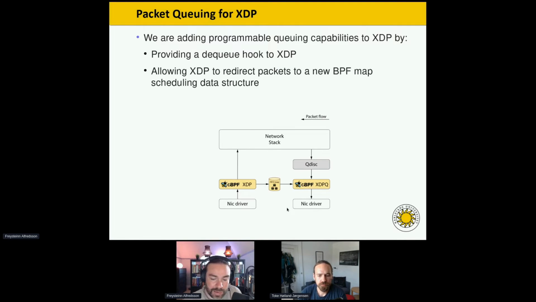And then we've added a new BPF map type, which is responsible for data scheduling or packet scheduling. So this is where the question came in here. How do we add a new data type? We are adding a new BPF map, which is called a PIFO, which I'll introduce in a moment. But like I said, this needs to be added to the Linux kernel. So it's not as easy as adding a BPF program to a hook.